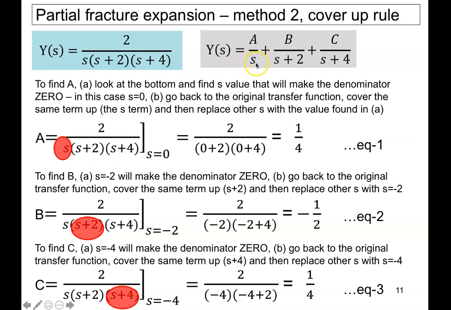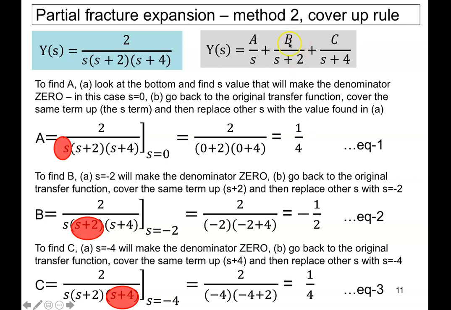In this case, s equals 0. So cover s up, this s equals 0, this s equals 0. This becomes 2 over 0 plus 2 times 0 plus 4, that becomes 1 over 4. That will give you the value of a.